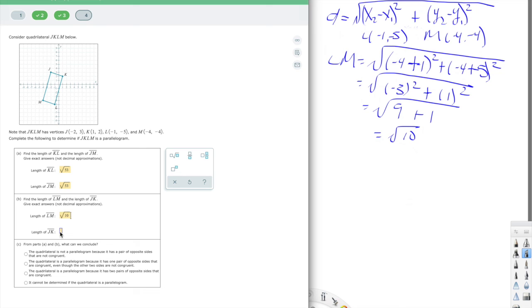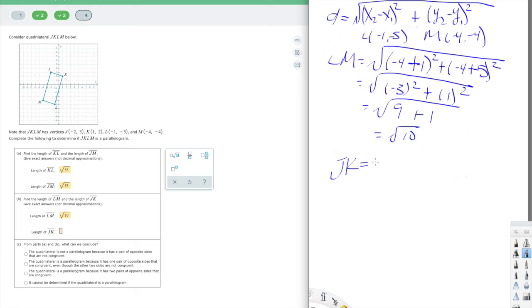Okay, so now we're going to do the same thing, but we're going to do JK. So J is -2, 3, and K is 1, 2. So I'm going to have 1 minus negative 2 plus 2 minus 3.